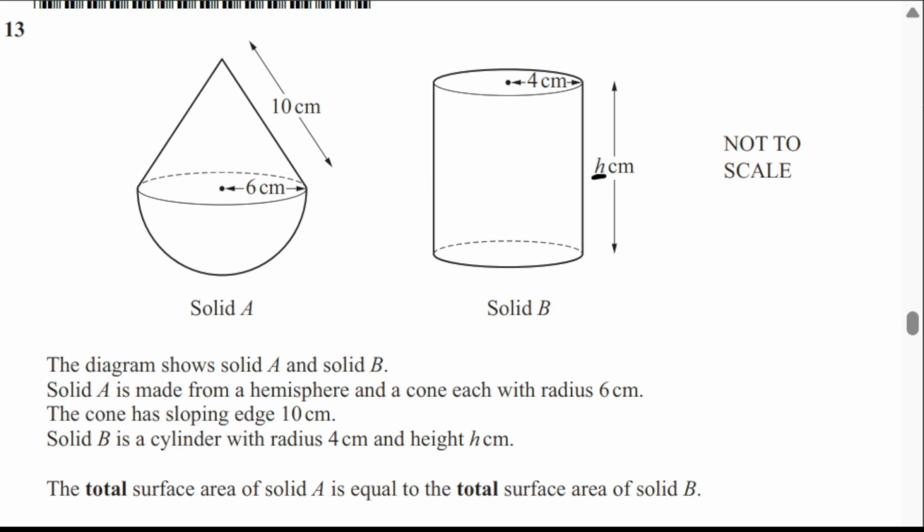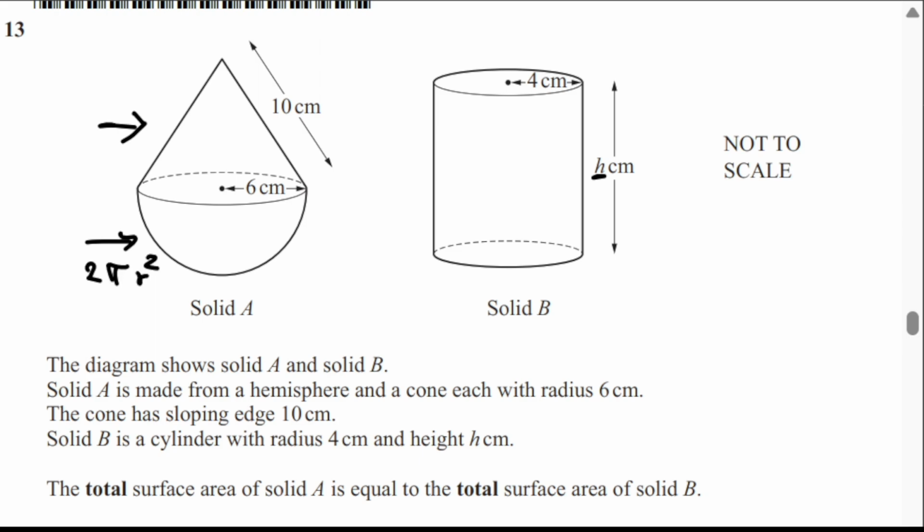Let's start with solid A. Solid A consists of this cone up here and this hemisphere down here. The good thing is they will give you the formulas. So the surface area of the hemisphere down there is 2 pi r squared.